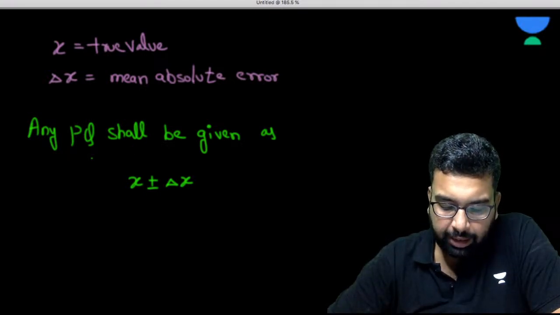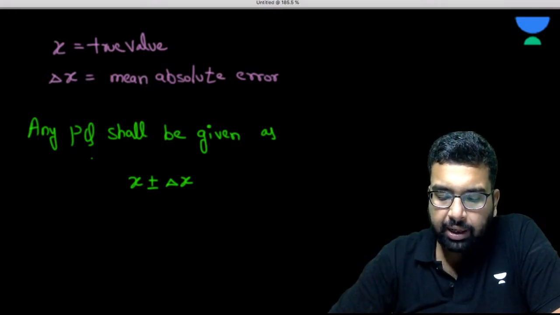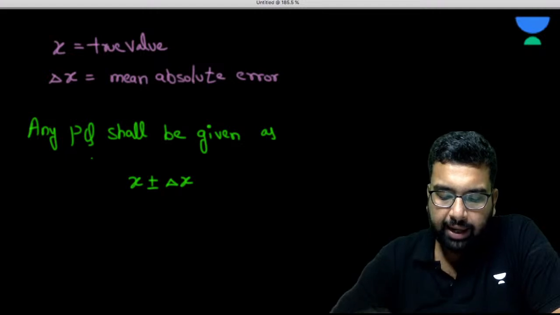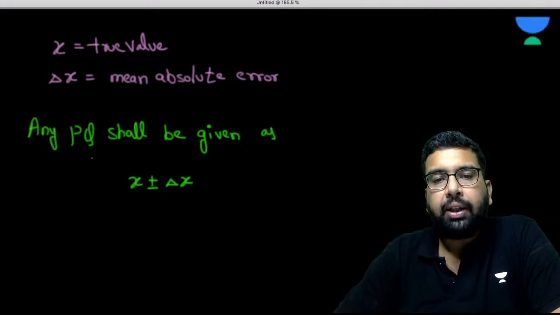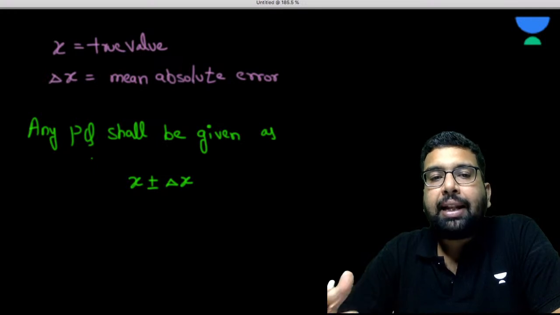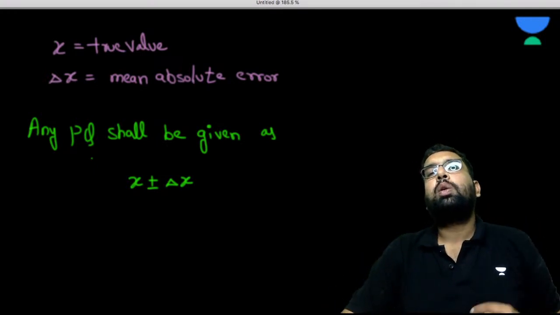What does that mean? It means that the estimated true value of this physical quantity is x, while the mean absolute error, that is the most likely error in this true value, is going to be delta x.